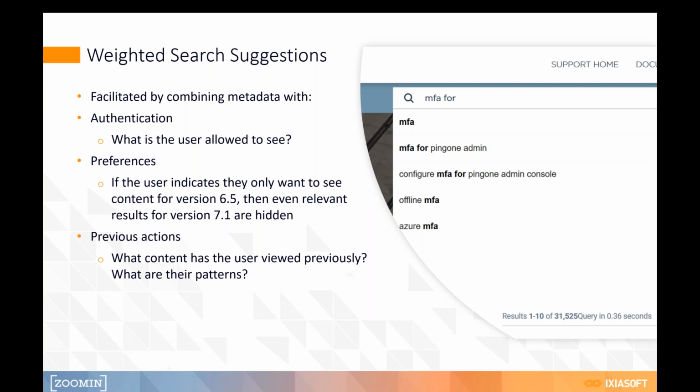The next time I try and search for something, we want it to weight 6.5 higher because the system remembers that that's something I've looked for in the past. So these are different ways to render your metadata and taxonomy into weighted search.